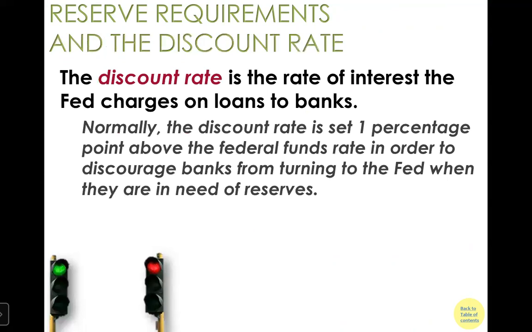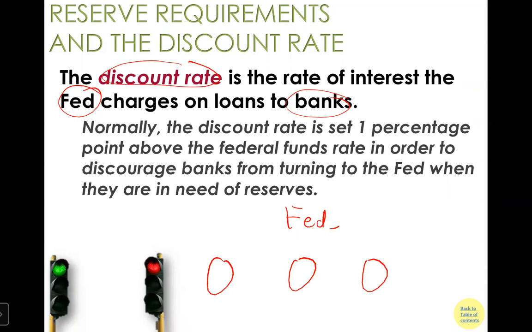But this discount rate is different. The discount rate is the rate the Fed charges when banks borrow from it. In other words, let's say this is the central bank, called the Fed, and there are many commercial banks.